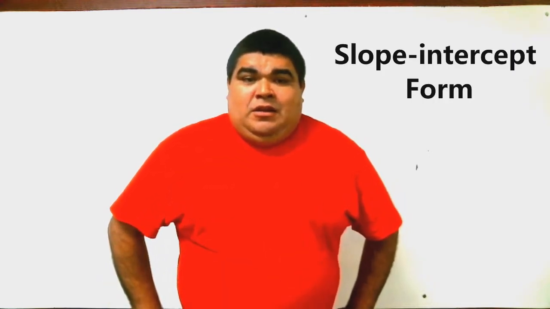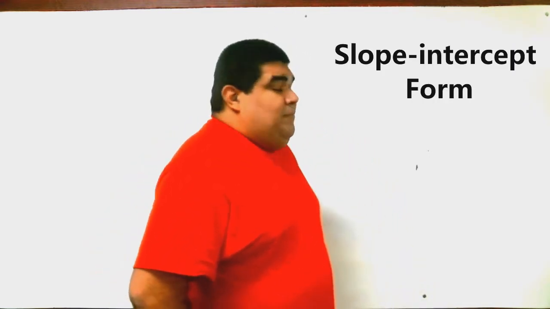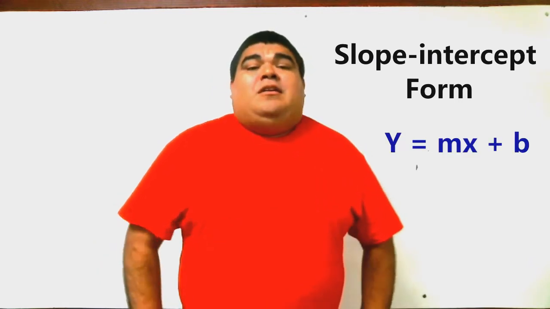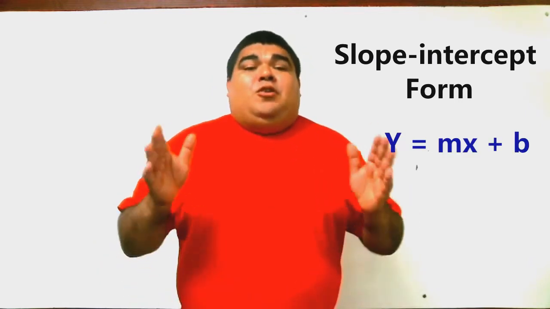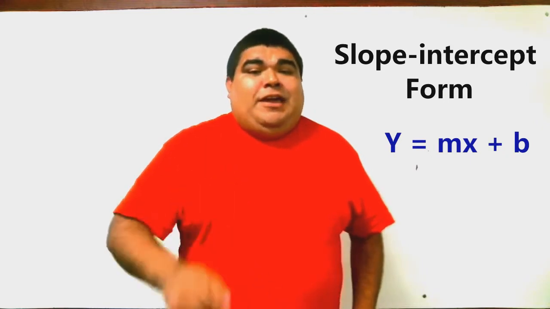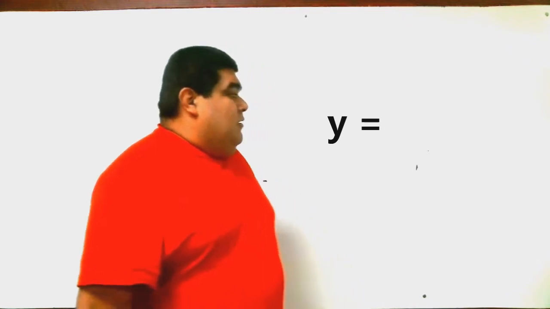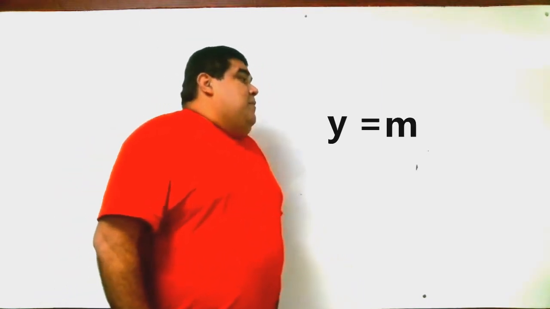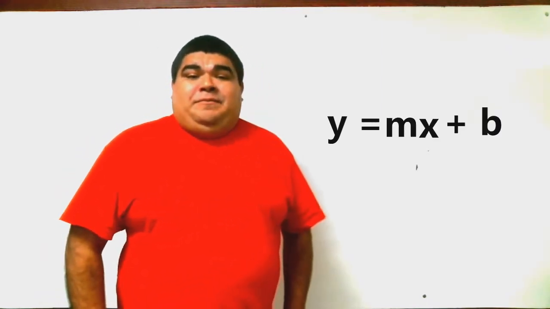The formula we're going to use today is called slope-intercept form. If you're familiar with it, good. If you're not, that's okay, because we're going to work on it together today. The formula is written as y equals mx plus b.